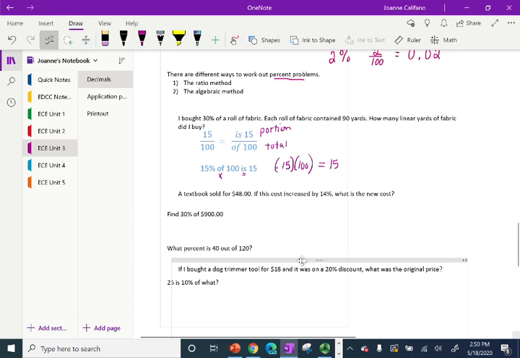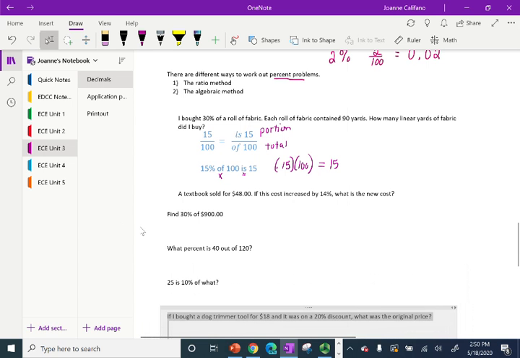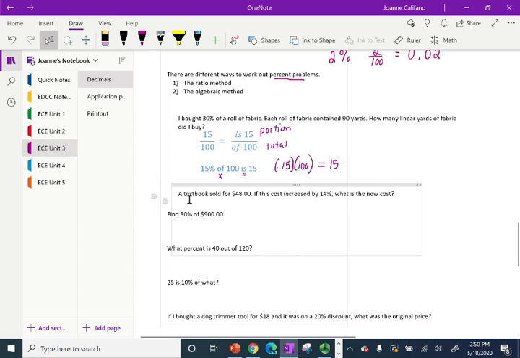Let me make sure I have enough room here for my word problems. Oh, this word problem's out of place. I'm sorry. Let me move it over here.